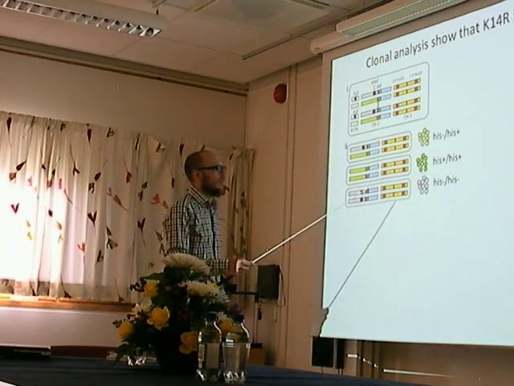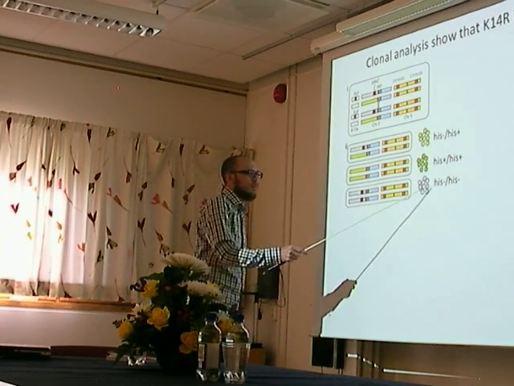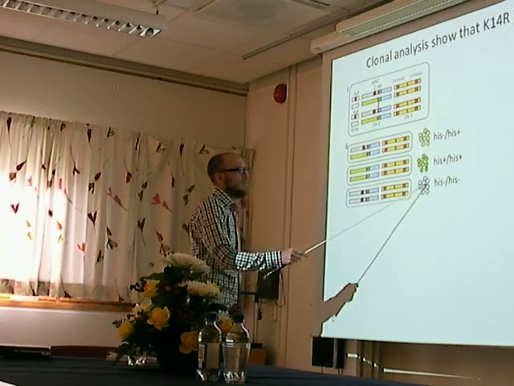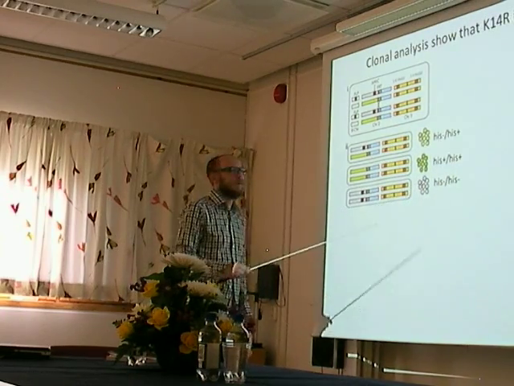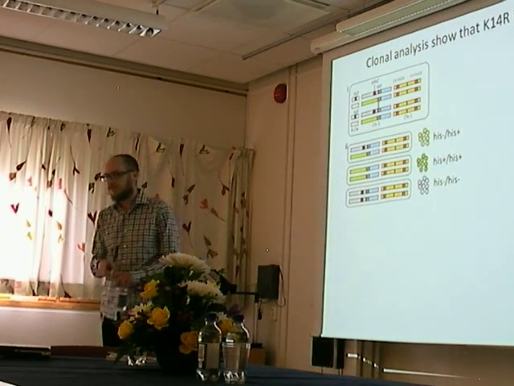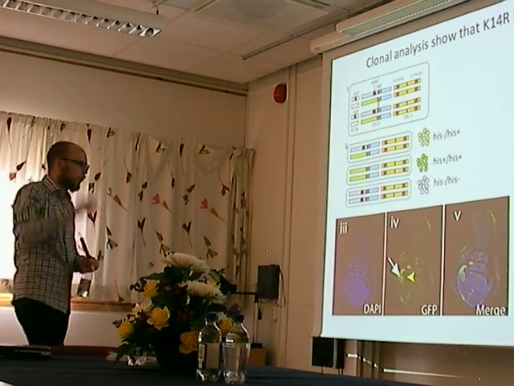Here we can see that the clones where we don't have any wild-type histones are marked out by absence of GFP. The other control cells have GFP. Now we're dissecting out tissues, for example, wing discs.